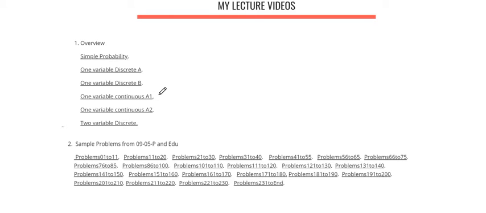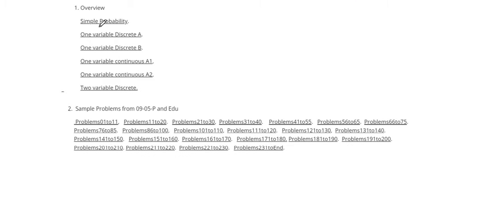So then one variable continuous, right? So for two variables, we have two-variable discrete distribution and two-variable continuous distribution.